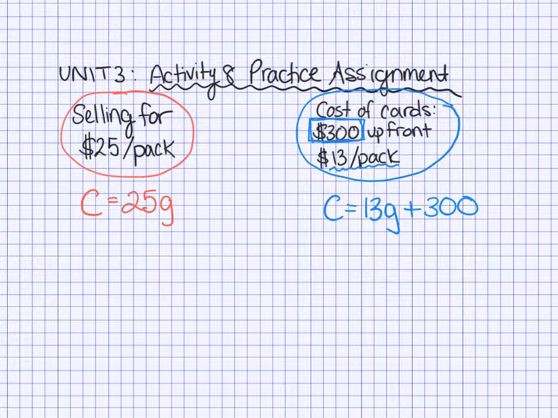Okay. So now we've created the two equations that we need to represent each situation. And we kind of said C was equal to the money in dollars, the cost or whatever. And then we said G was equal to a pack of greeting cards.